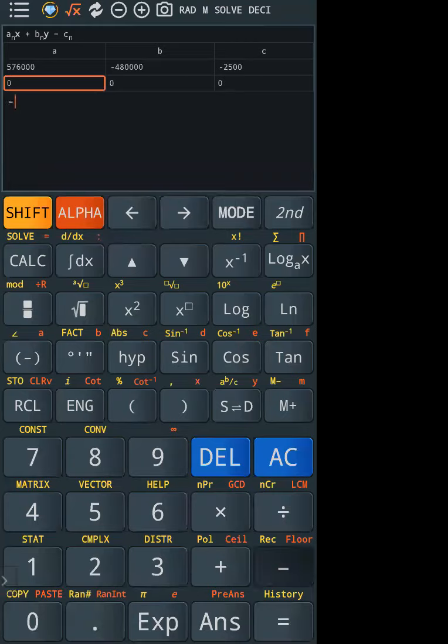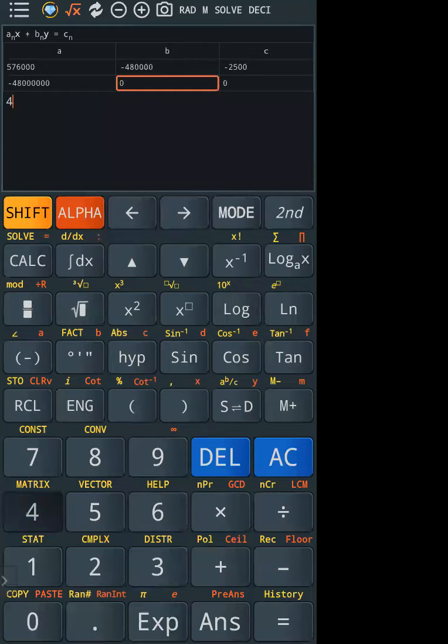You can see what I'm doing. Tell me how much answer you are getting. 5.14 into 10 raised to... I want the answer from you.